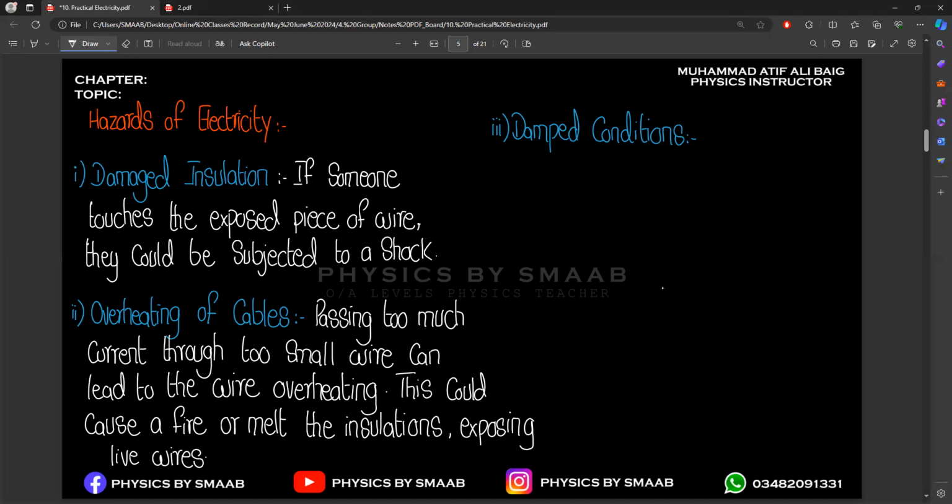In that scenario, we have to be more careful because it also causes electric shock in the body, because there is humid air, moisture in your atmosphere, and also some liquid droplets on the surfaces. So that will also cause electric shock during damp conditions.